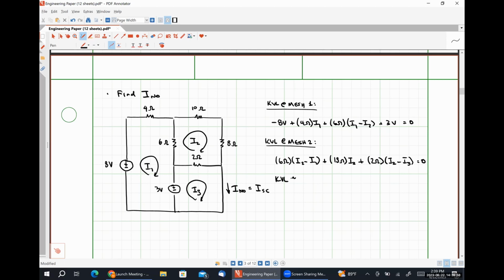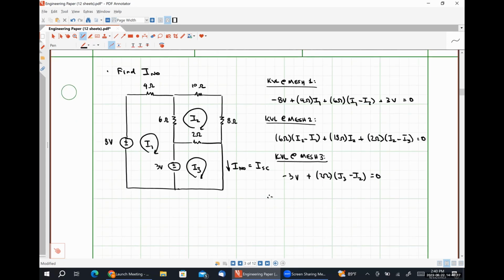And now we're going to have KVL at mesh 3. So that's going to be -3 volts plus 2 ohms times I3 minus I2 is equal to 0.